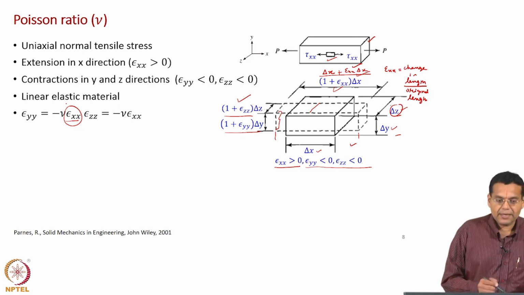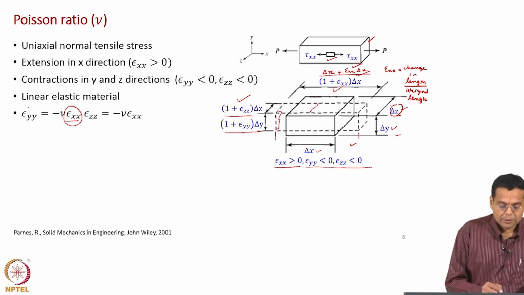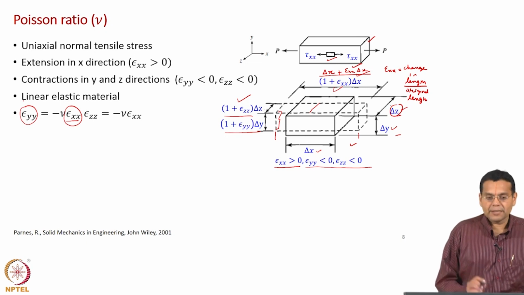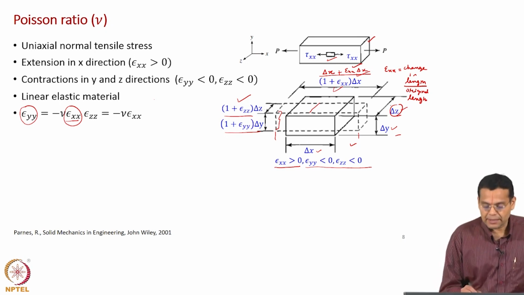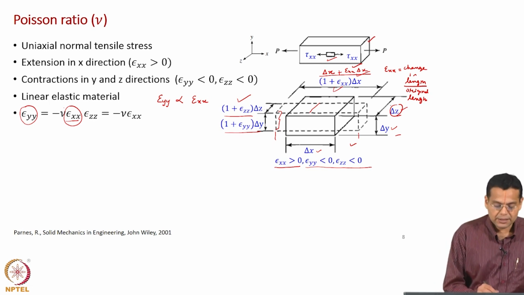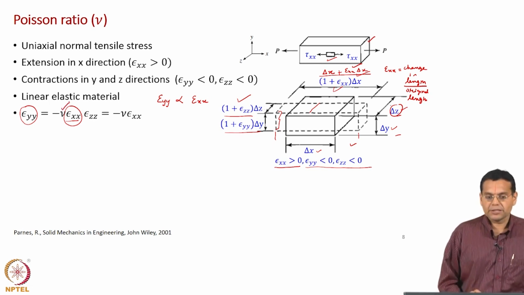What is the perpendicular direction? Y direction. One of the perpendicular directions is y direction. So, the left hand side is normal strain in the perpendicular direction. Experimentally it has been observed that epsilon yy is proportional to epsilon xx. What is the proportionality constant? It is nu, which is the Poisson ratio.